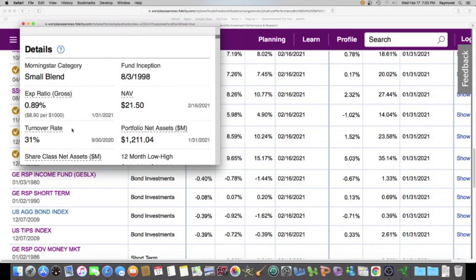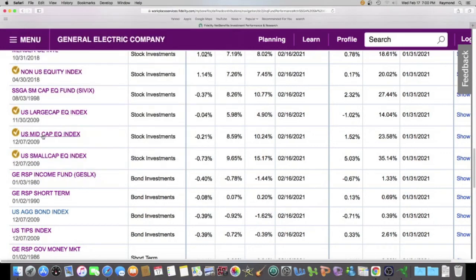So if I had my $100,000 invested in this fund with this huge expense ratio, I would be paying $8.90 times $100,000. My fee would be $890 versus the $100 that I just pointed out in this fund.